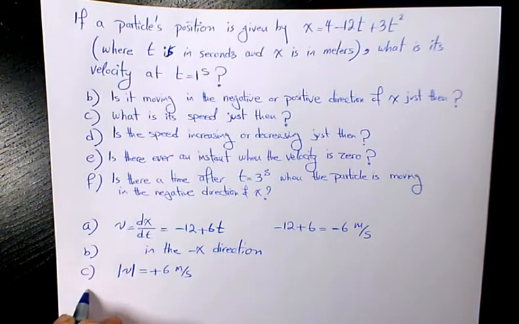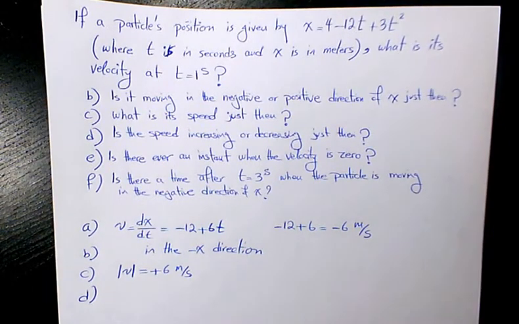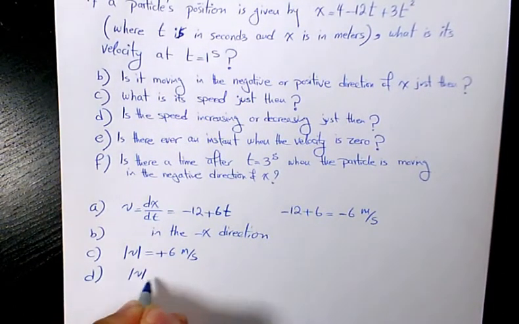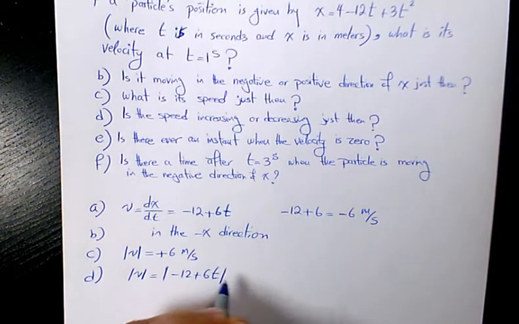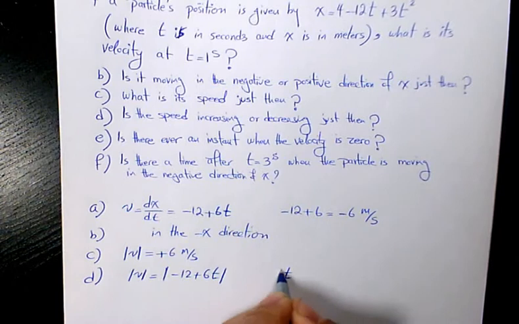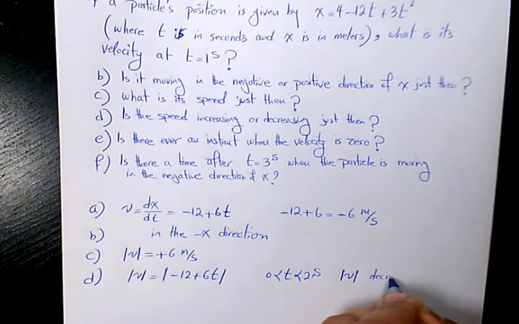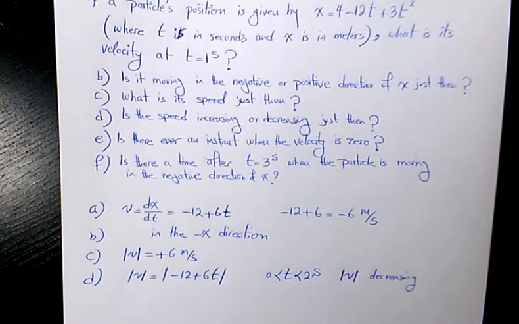So that's the speed. Part D says, is the speed increasing or decreasing just then? We can say that the speed is going to be the absolute value of negative 12 plus 6t. From 0 to 2 seconds, speed was decreasing, and at time t = 2 it becomes 0.